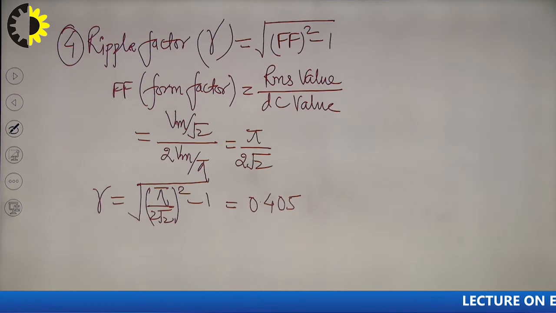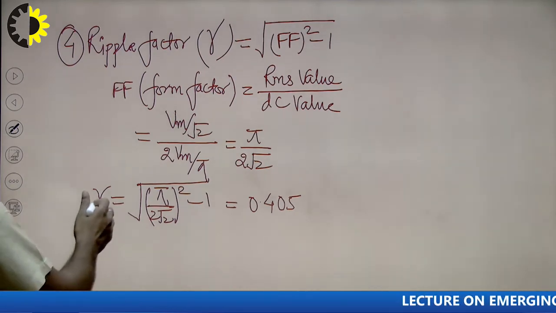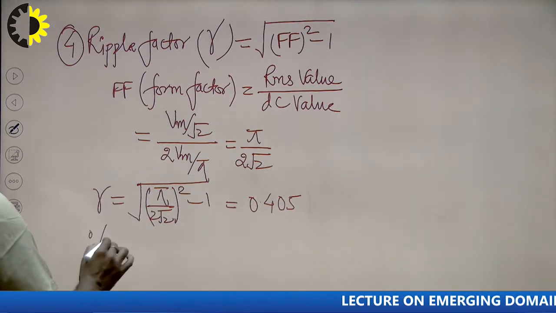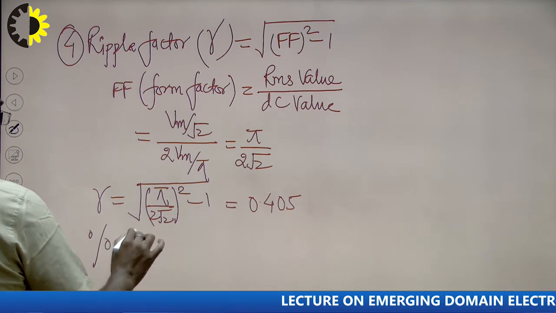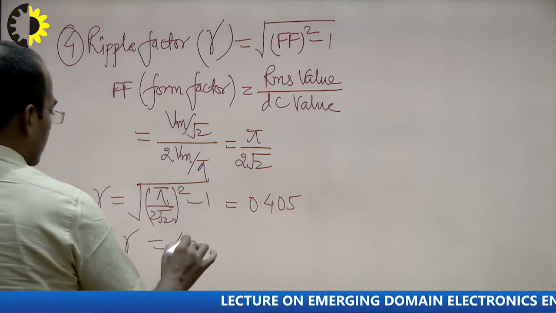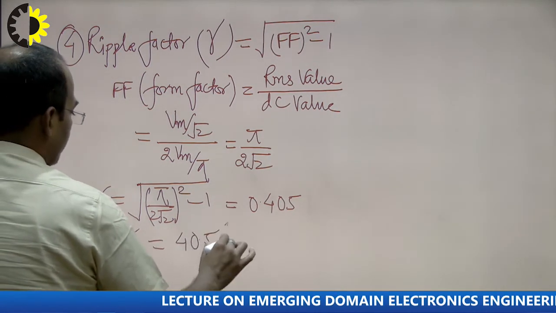So if I find the percentage ripple factor, percentage gamma is equal to 40.5%.